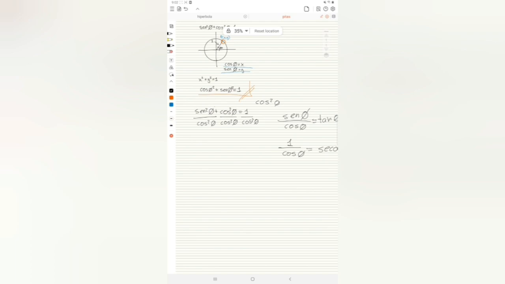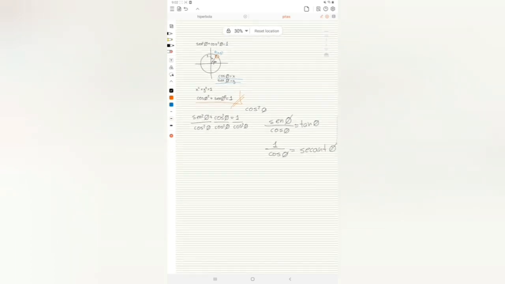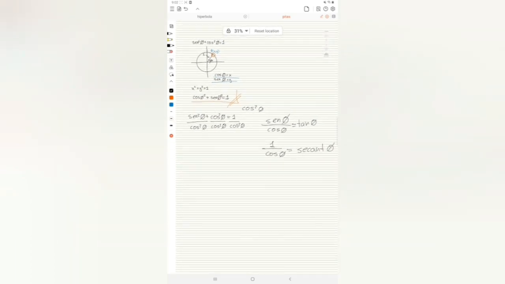So the sine of the angle divided by the cosine is going to be equal to the tangent of the angle. Then now we're going to add the plus. The cosine divided by the cosine is going to be equal to 1, and 1 divided by the cosine squared is going to be the secant squared.